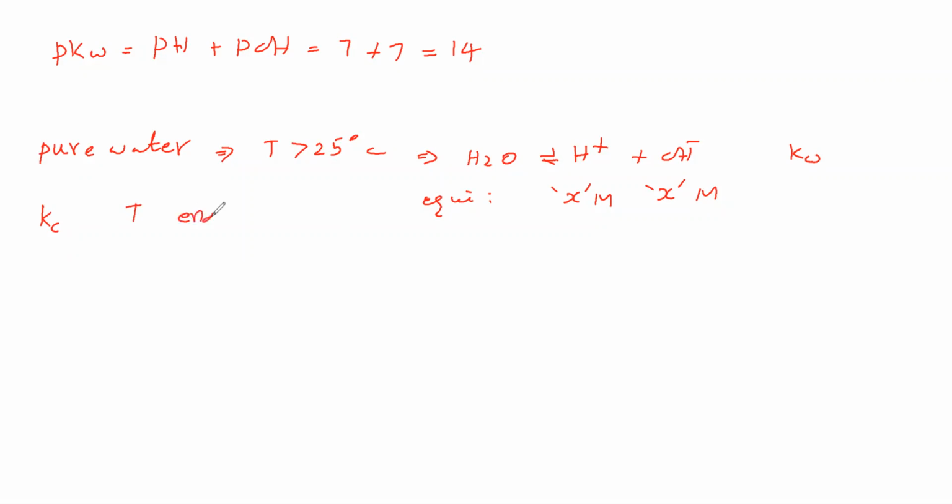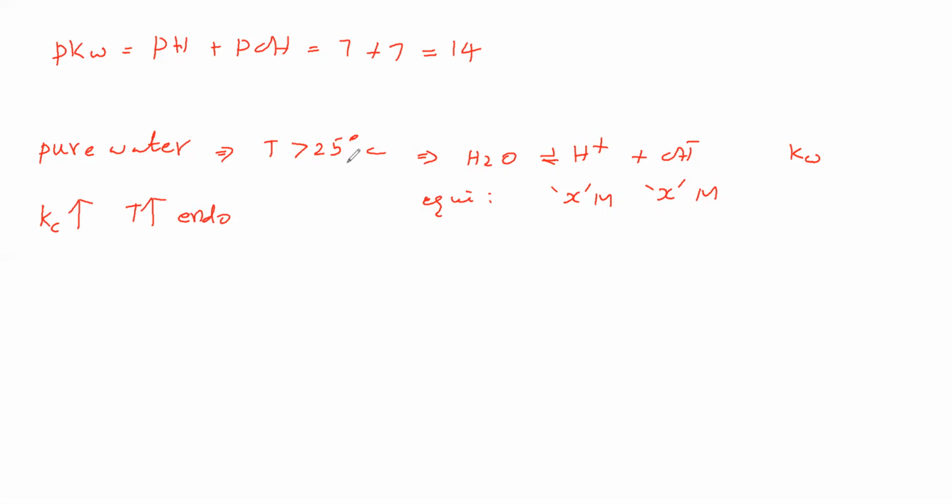If the process is endothermic, on rising temperature the equilibrium constant increases, we said. For an endothermic process, on rising the temperature, the equilibrium constant increases. A rise in temperature favors the endothermic process because an endothermic process absorbs heat from the surroundings.